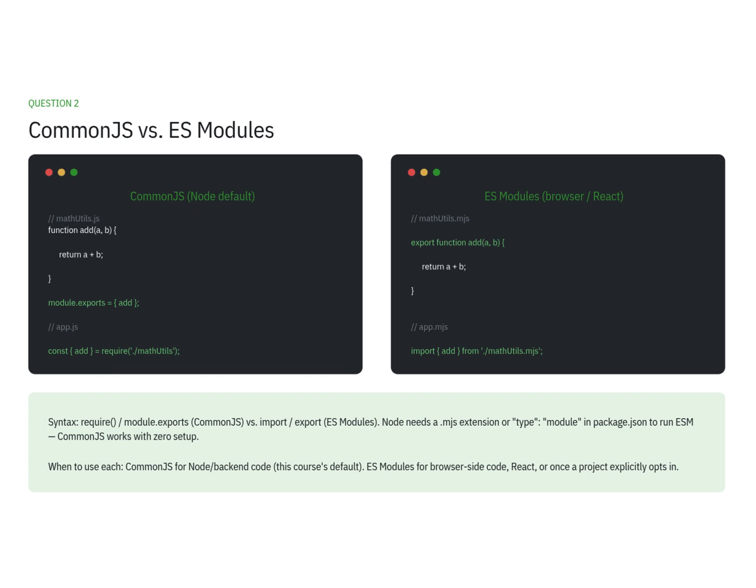This can also be seen in React when we say import from X files. In Node, ES modules need a .mjs extension or type module in package.json to actually run. CommonJS just works with zero setup. That's what we used in this course.